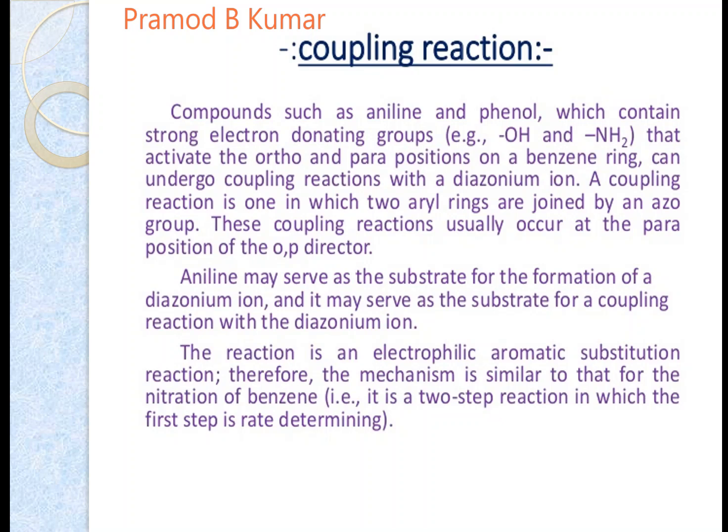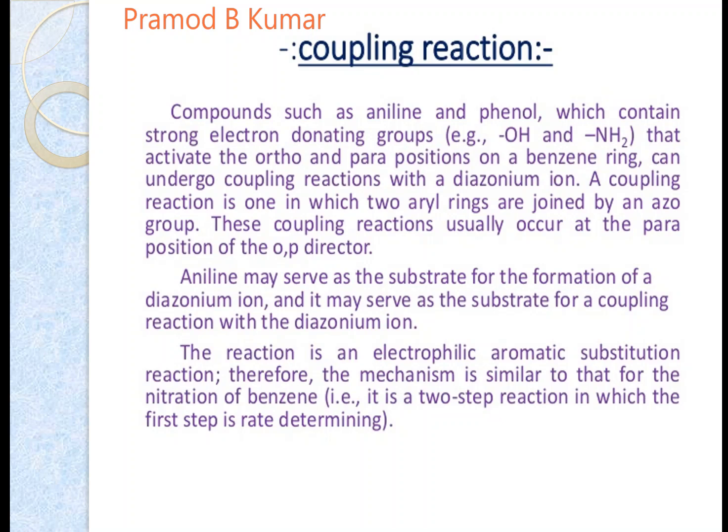The coupling occurs at the ortho or para position because they are ortho para directors. Mostly it occurs at the para position. Aniline may serve as a substrate for the formation of the diazonium salt, and it may also serve as a substrate for the coupling reaction with diazonium.